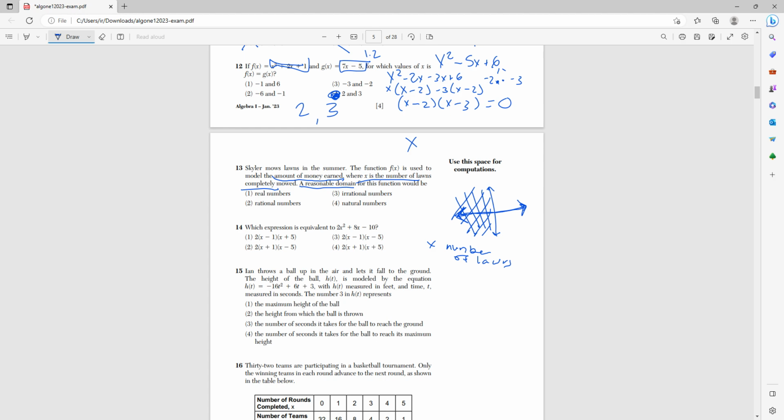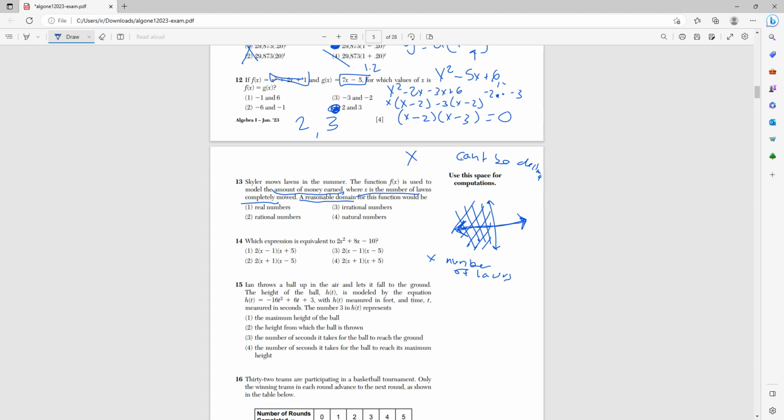So knowing that it can't be a decimal, that also takes irrational numbers out of the picture, right? Because irrational numbers usually have decimals, right? And we can also take rational numbers out, because rational numbers include negative numbers, right? Negative 1 is rational, but you can't mow negative 1 lawns, right?